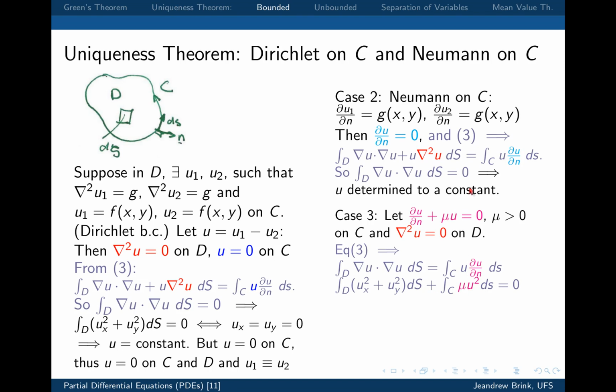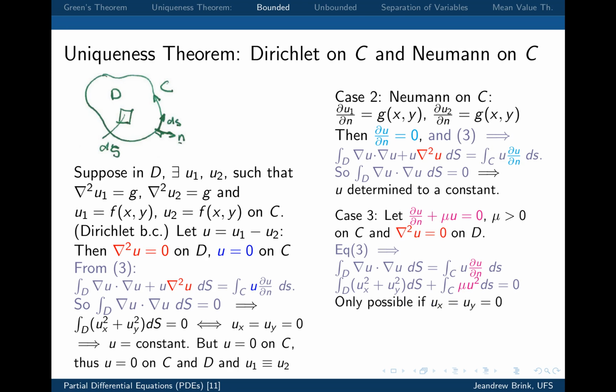And we note that in this definition of the boundary condition, I've conveniently put mu positive, which is the only place where the theorem actually holds. And so we have this thing, which is a constant times a positive thing, which is squared, which is also going to be integrated. And this thing only vanishes if every single positive quantity under the integral sign is 0 everywhere.